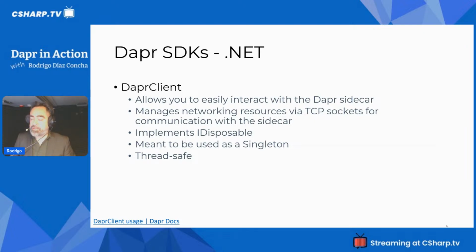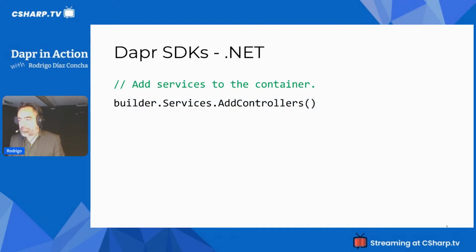So if you happen to be using .NET, as I do, then you can use the Dapr SDK for .NET, of course, and you need to use the Dapr client object for sending requests and retrieving the responses from the sidecar. So Dapr client is the way to go.